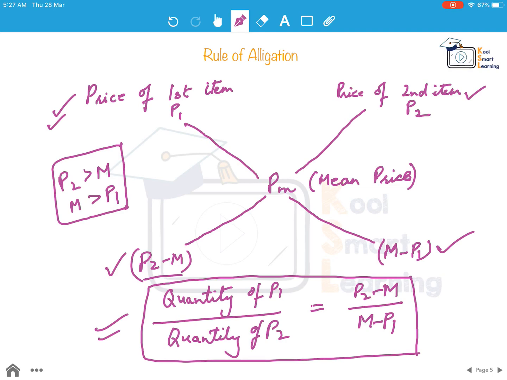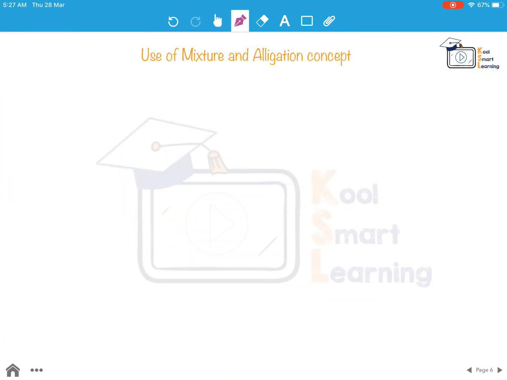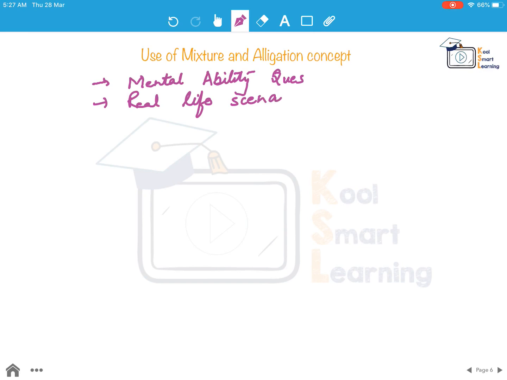So now we are going to see how do we use it. Where is this concept used? Okay, so first of all, it is used in mental ability questions. And these mental ability questions are all real life scenarios where we need to mix a couple of things in a proportion to formulate a mixture.